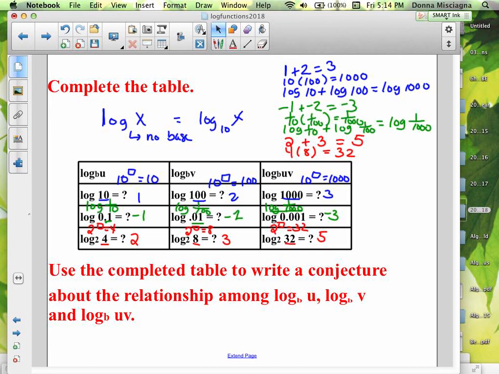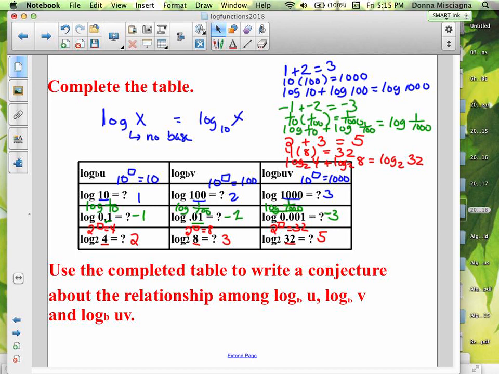And just perhaps, log base 2 of 4 plus log base 2 of 8 is equal to log base 2 of 32. Since we get the same things, the sum of those exponents for the individual logs is the same as the exponent I get for the log that's the product of those two. So perhaps I can just add the logs and I'd get the same thing as the log of the product of those two. That's what it looks like to me.